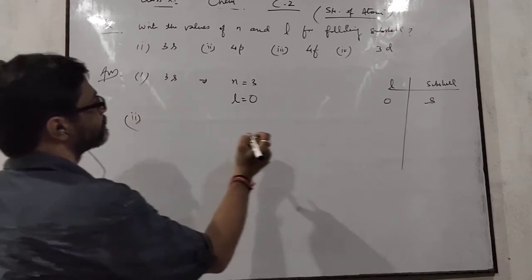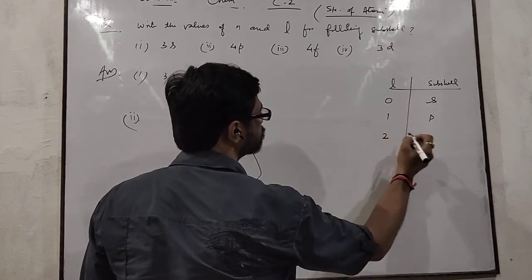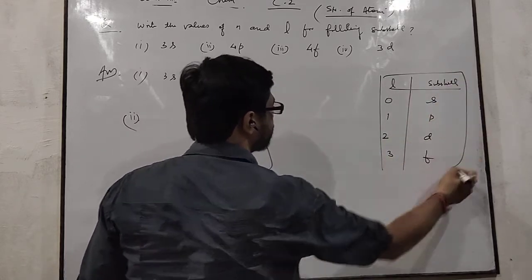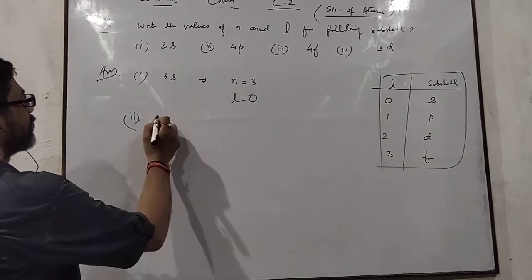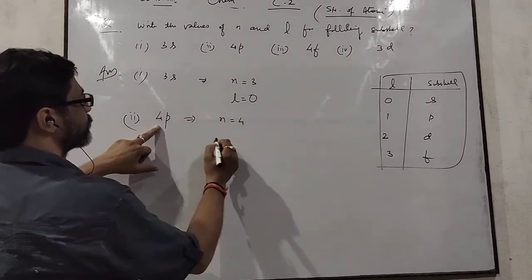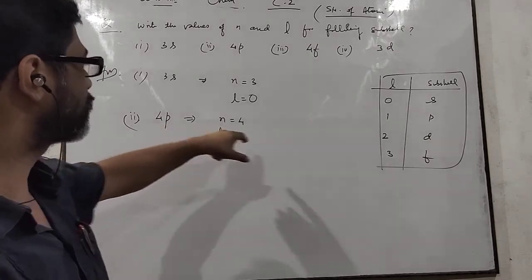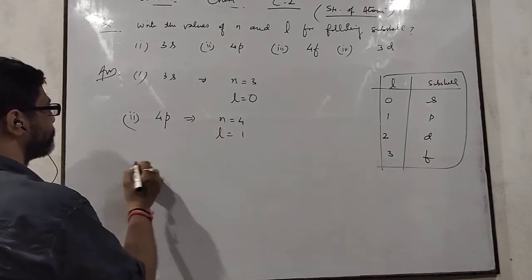Second one, for p subshell, l is 1, for d subshell, l is 2, for f subshell, l is 3. These are the values of l, and they represent the subshells. For 4p, n equals 4, and for p subshell the value of l will be 1.